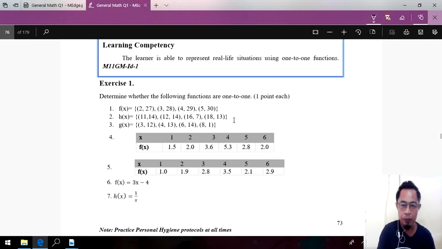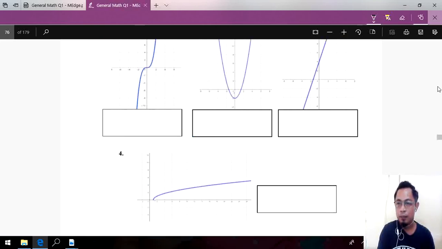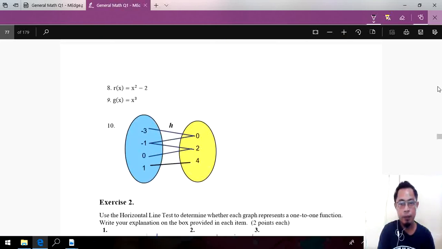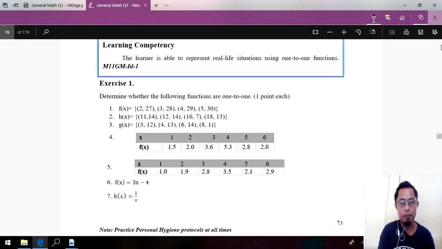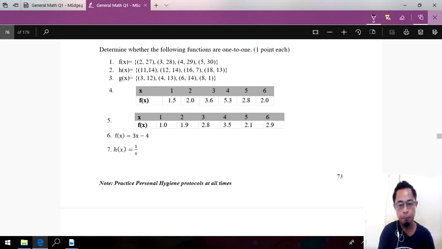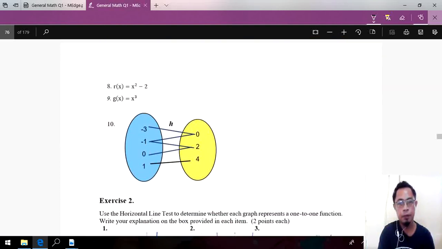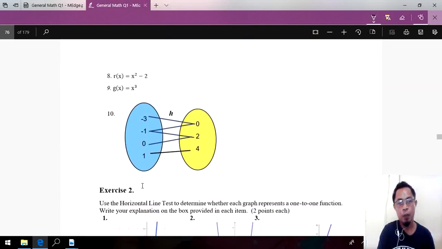How about you? Can you do it also in the next exercise? Try it. Let's try this. We have this graph. Okay, number 10. What do you think? Is this function h a one-to-one function?